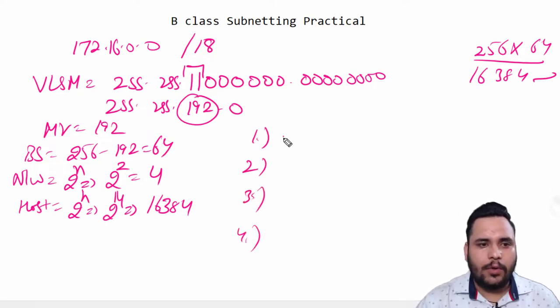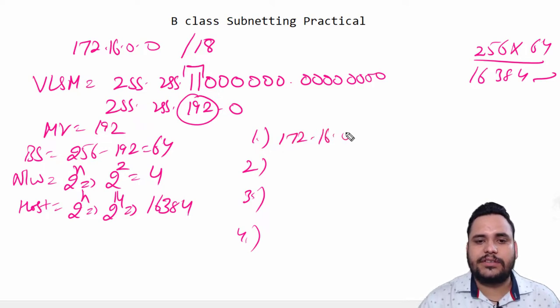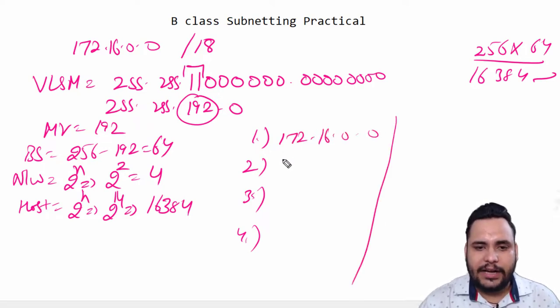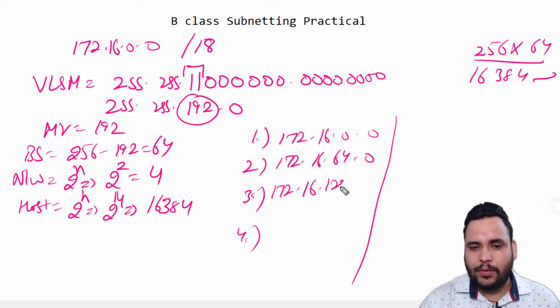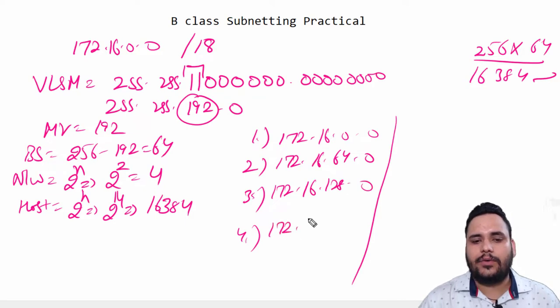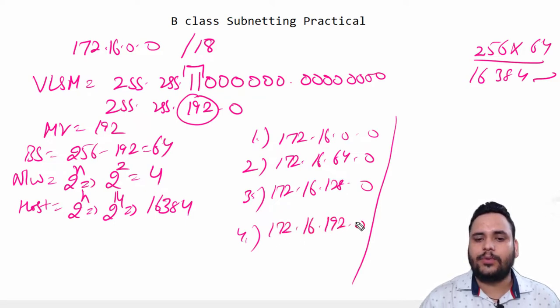My first network is 172.16.0.0. My next networks are 172.16.64.0, 172.16.128.0 and 172.16.192.0.